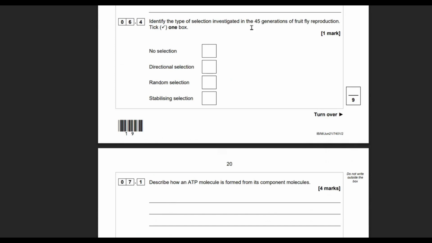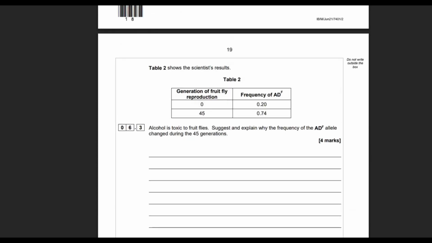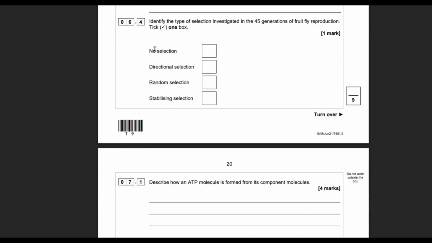6.4, identify the type of selection investigated in the 45 generations of fruit fly reproduction. So what we're looking at is it started off at 0.2 and it ended up at 0.74, right? If we look at the table of results. So it's definitely the selection has gone to one of the extremes. If it had gone down from 0.2 to 0.01, then it's gone to the other extreme.